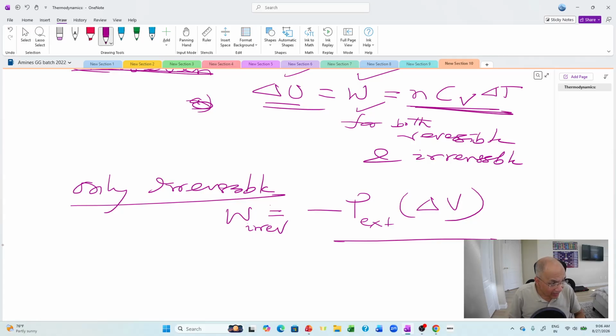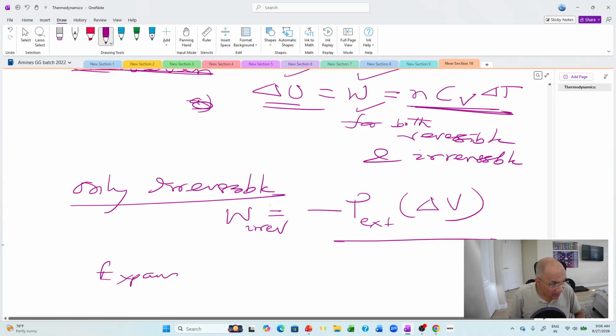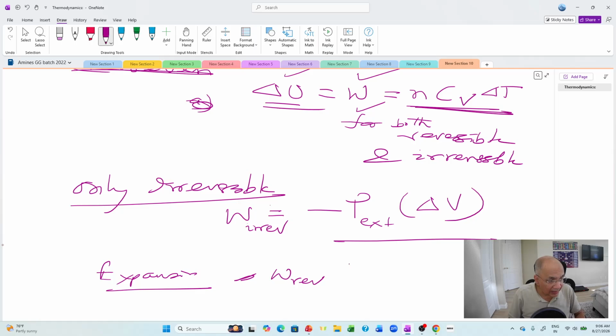Let us write down: for expansion, W reversible is greater than W irreversible.